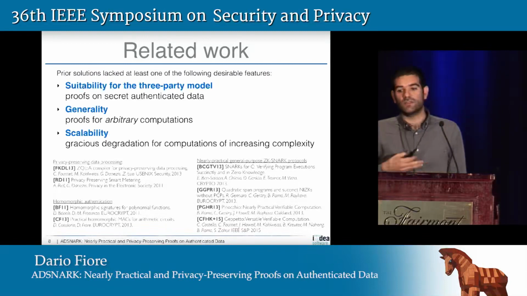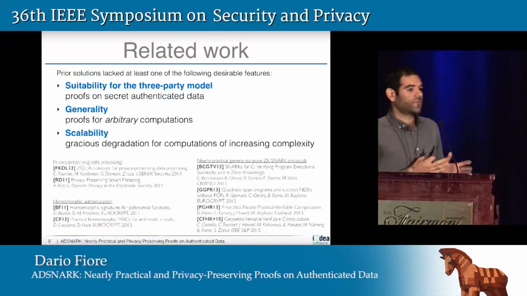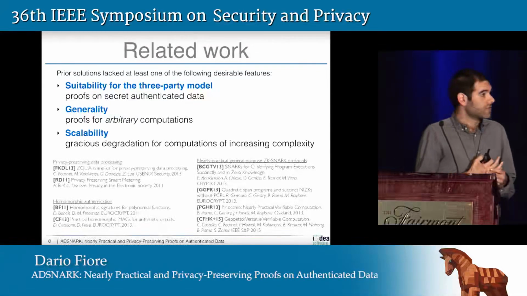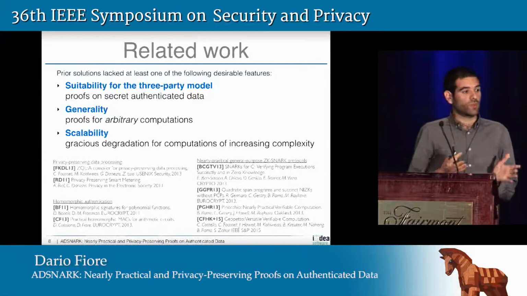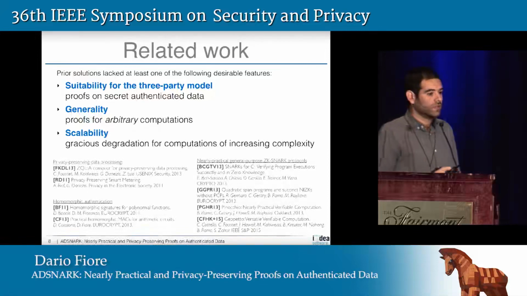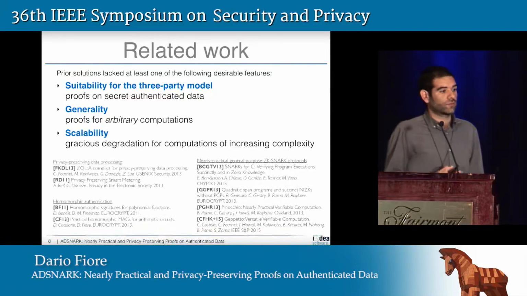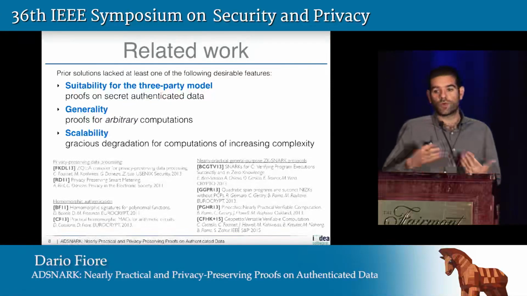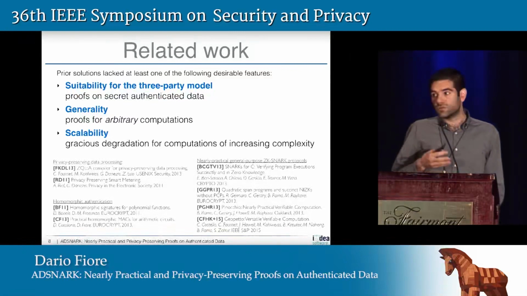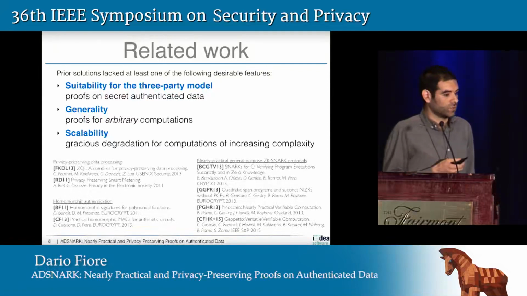So what was lacking in this previous work, if we consider our problem? The observation is that prior solutions were lacking at least one of these three features. The first feature is that we want a solution which is suitable for this three-party model, in the sense that you can deal with proofs on authenticated data. It must be general, so we want a solution that does not work only for some computations. It should work for any arbitrary computation, and it should be scalable, in the sense that it should degrade very nicely with increasing complexity of the computation.